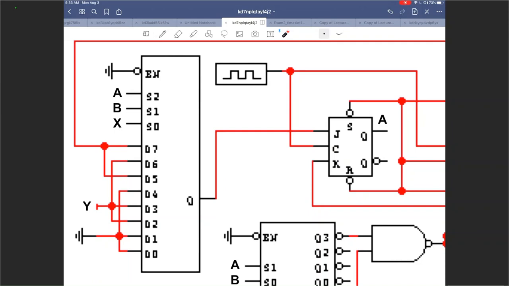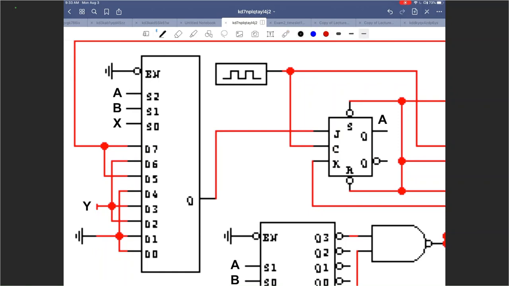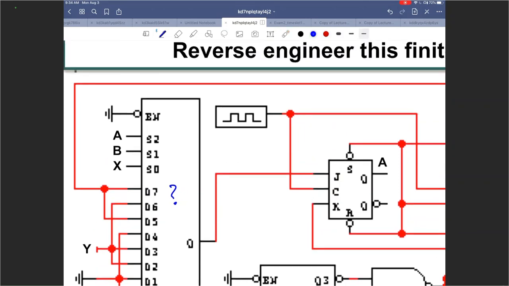Only one output. So we are talking about this guy. So here, D0, D1, D2, D3, D4, D5, D6, D7. 8 data inputs. S0, S1, S2. 3 select inputs. Enable. Mux is absolutely right. This is your 8 to 1 mux.